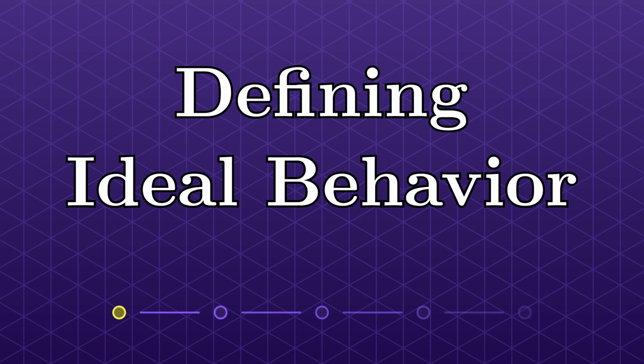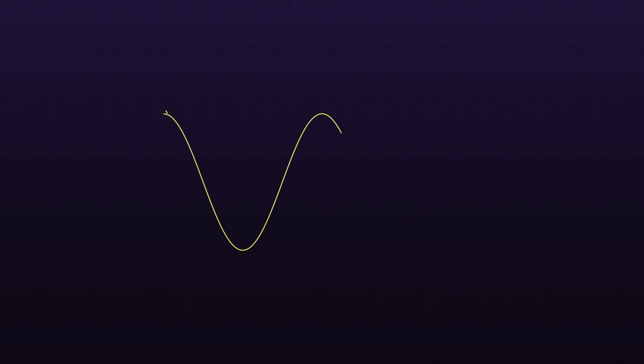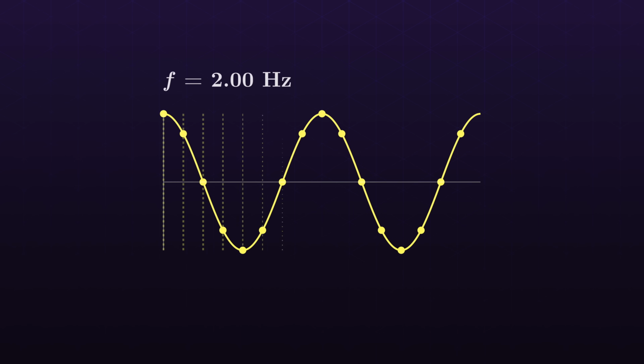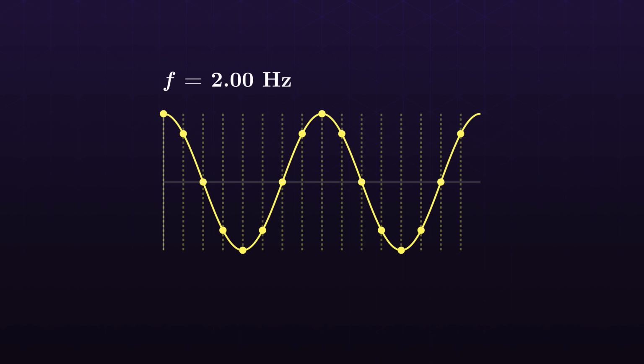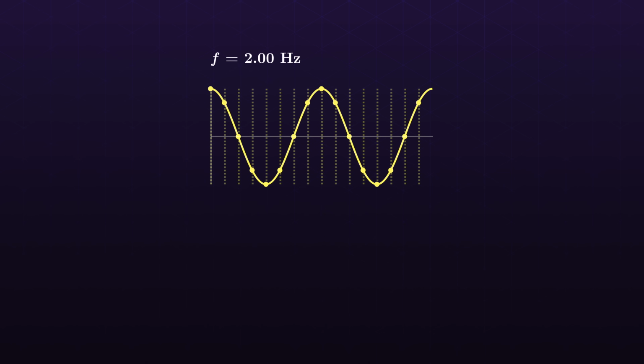Whenever we want to understand how we might rediscover a complex idea, it really helps to have an understanding of how we would like it to behave for some simple examples. Suppose we have a cosine wave of frequency 2 Hz. Ideally, what we would like the frequency domain representation of such a signal to be is a peak at the frequency 2 and zeros for all other frequencies.